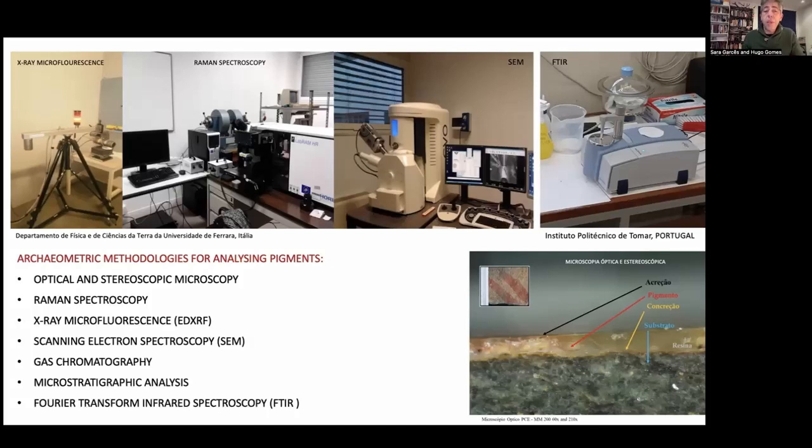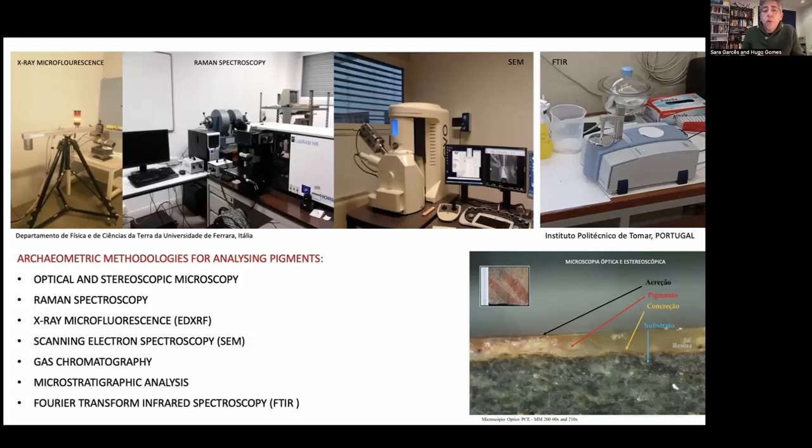So very briefly, we use the methodologies that we have nearby our institutions, in IPT, in the Ferrara University, and also with other collaborations that we started to develop in this process of developing this protocol. We start off obviously using optical and stereoscopic microscopy, to see.